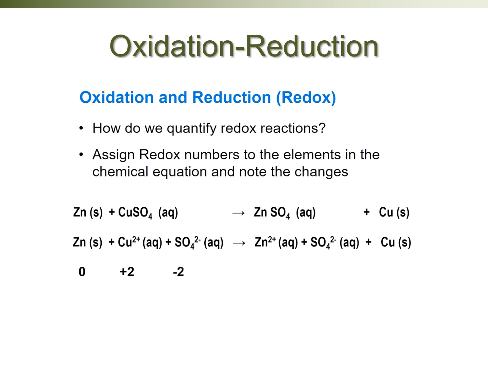Now these positives and these negatives are basically telling us about the movement of electrons, or the state of affairs with their electrons. And the inclination is to think of these as being the same as the charge, but it's not really.